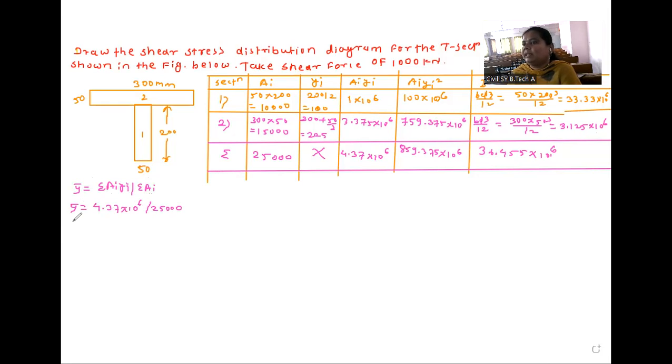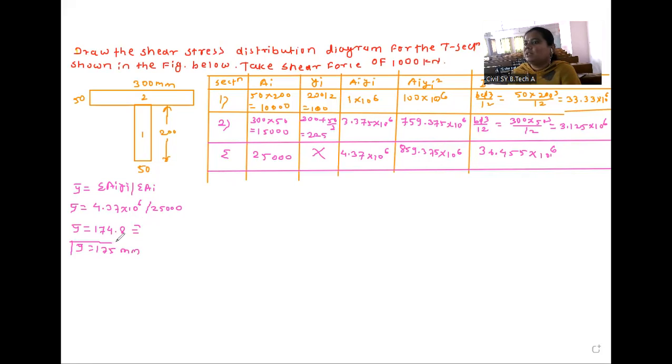So you calculate and tell me y bar. Okay, I will check here. It is 174.8. So we will make it a round figure, y bar equal to 175 mm.